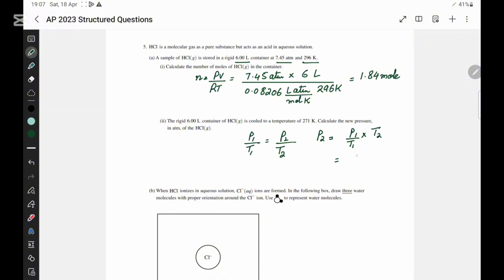Pressure 1 is going to be 7.45 atm. That was given to us. This is P1, the initial pressure, and that is the initial temperature, T1.